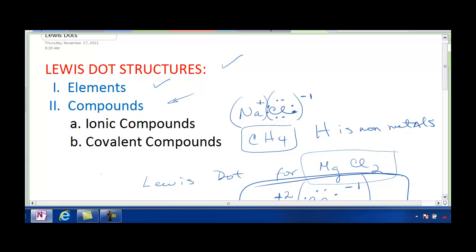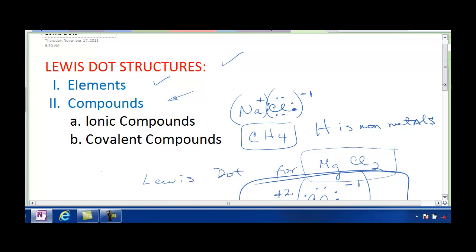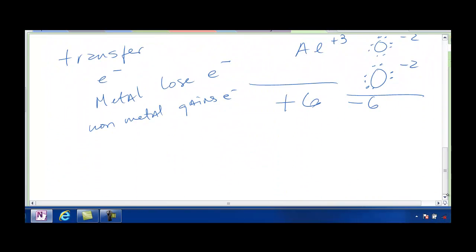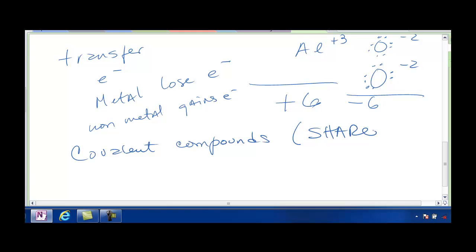So if you have now 2 nonmetals, how do we do this? Covalent compounds, they share electrons. Nobody wants to lose electrons. Metals want to lose it, but nonmetals, when they combine, neither one.